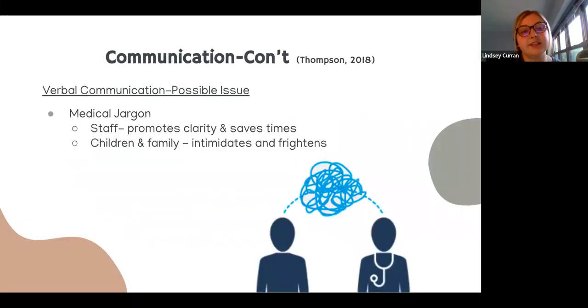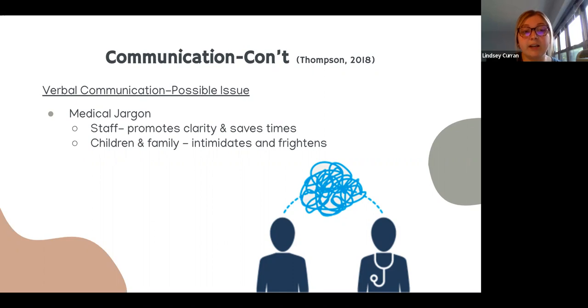Next, I wanted to mention some verbal communication issues that could arise specifically in a hospital or medical setting. One of the big ones is medical jargon, which is short phrases, acronyms, things like that, that are typically used between medical staff. For medical staff, medical jargon promotes clarity and can save time between those individuals working or providing for a specific patient.